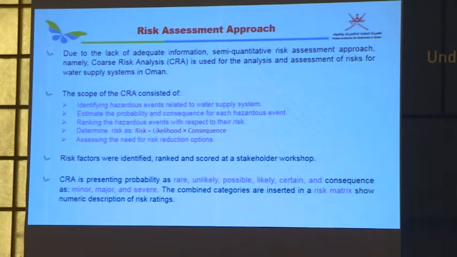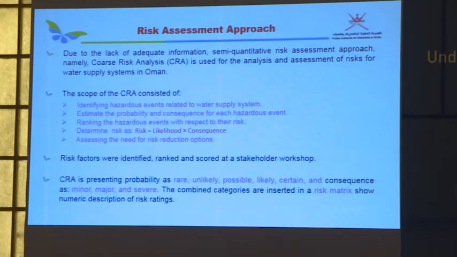In risk assessment, due to the lack of adequate information, a semi-quantitative risk assessment approach, namely coarse risk analysis, called CRA, was used to analyze and assess risk for the water supply system in Oman.